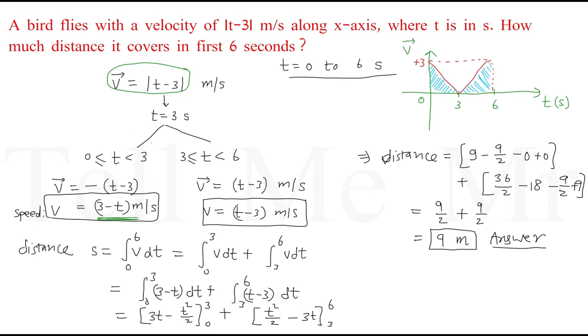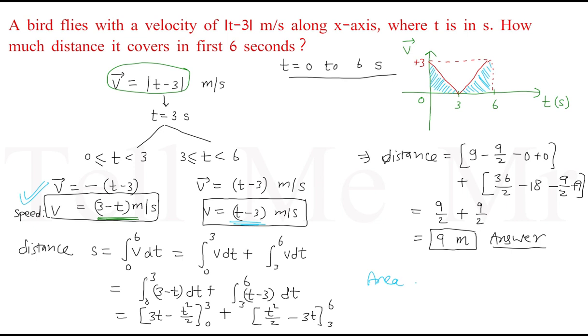Even if you use the functions 3 minus t and t minus 3, you will get this same graph. At t equal to 0 it is 3, at t equal to 3 it is 0, and beyond 3 you will get t minus 3. So at t equal to 3 it will be 0, and at t equal to 6 it will be plus 3. So we have to find the area under the graph.